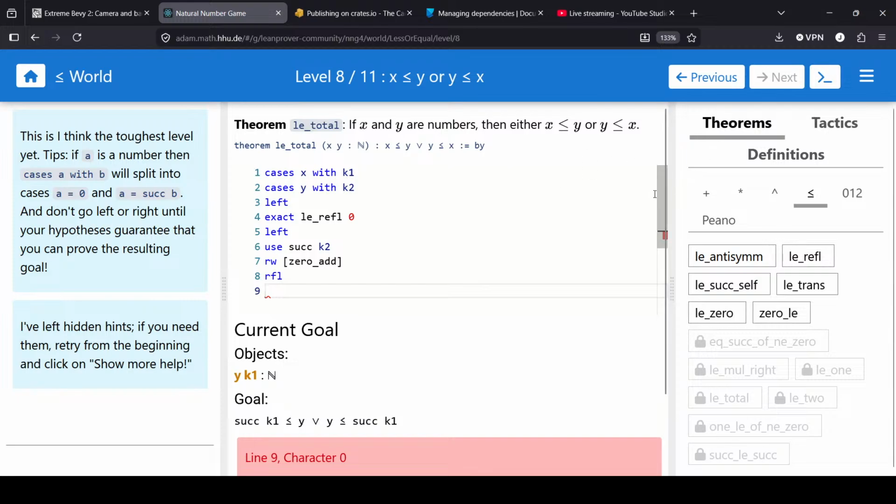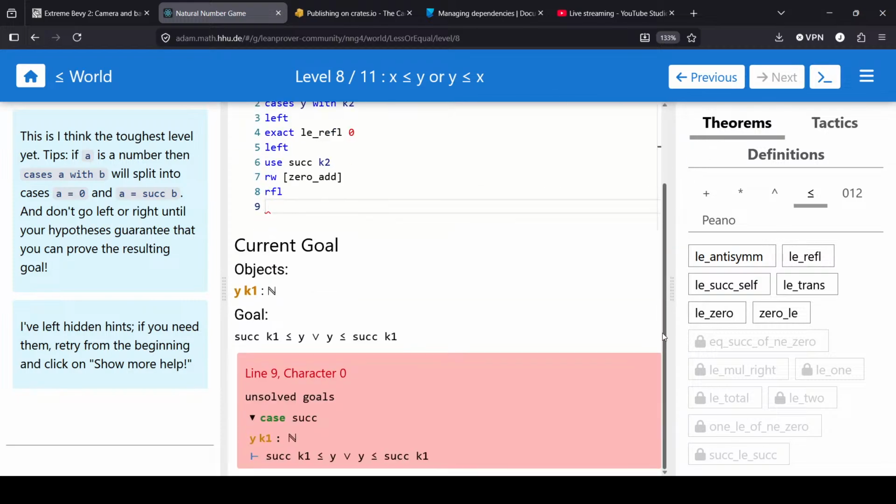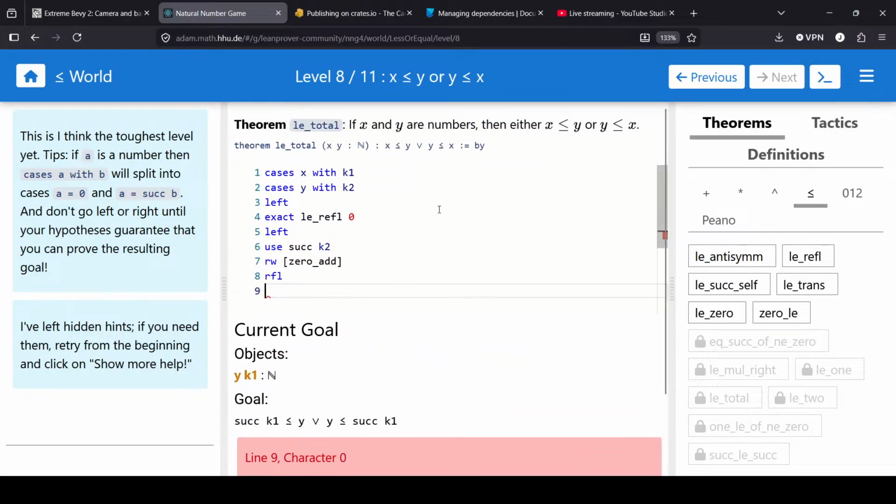Okay, now we're at the last goal, I think. It looks like the last goal. I don't see any other goal. So, how do I goal from here? K2 is gone. We just have K1 and Y. I don't really have anything else to work with, right?